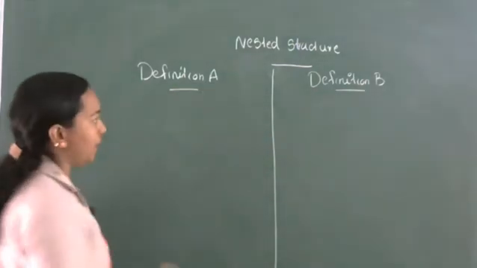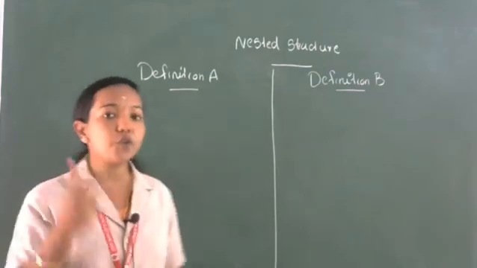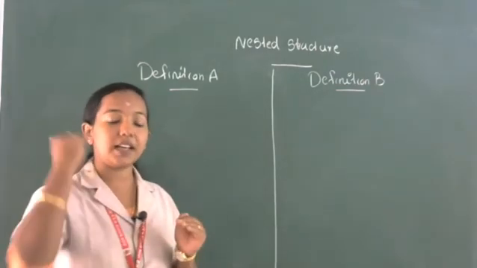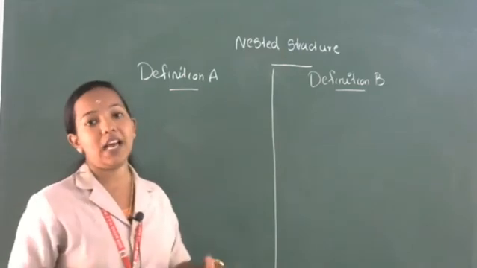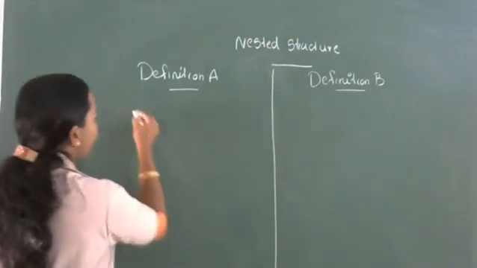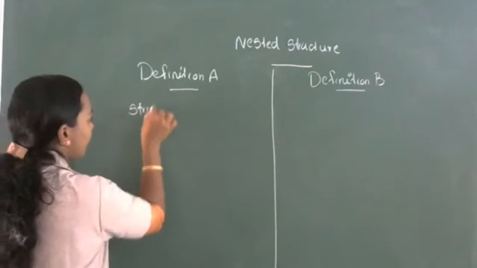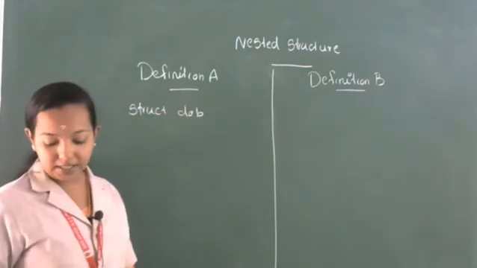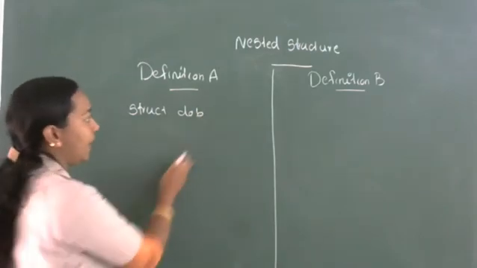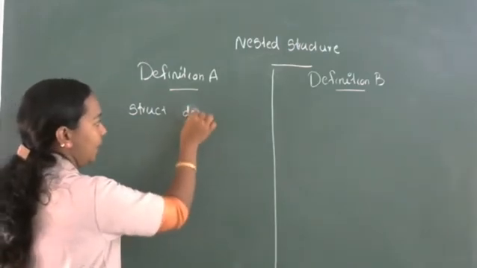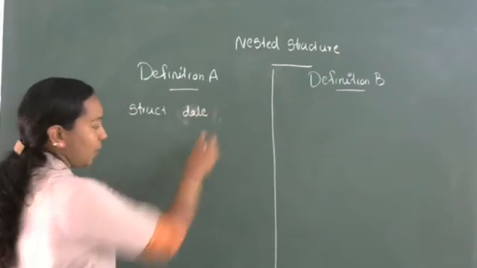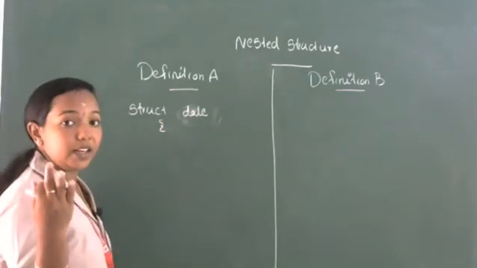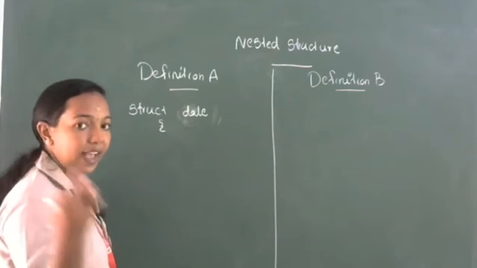Two approaches are present. In the first one, we specify the inner structure first, and after that the student structure. So here, struct date of birth. Okay, what is the structure name? Otherwise we can give struct date. In this date we are including three different fields: month, day and year.